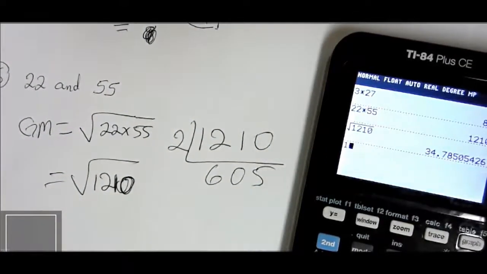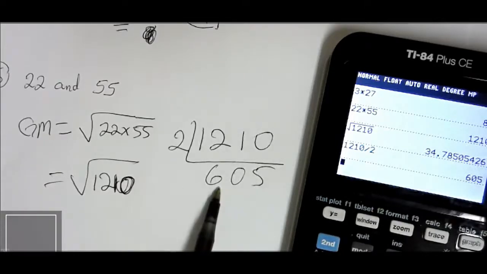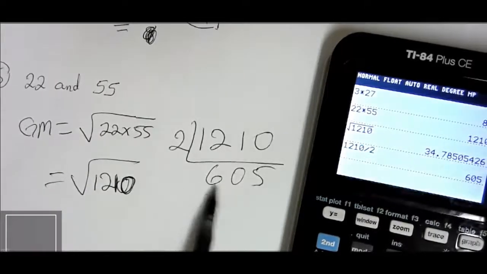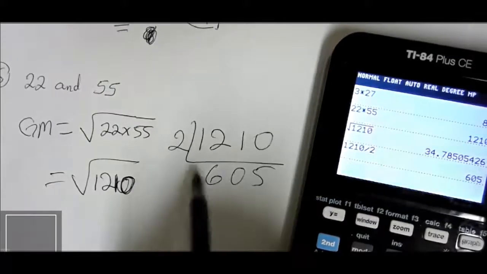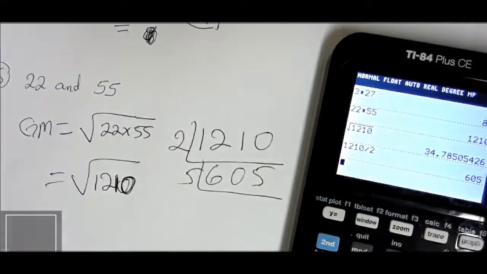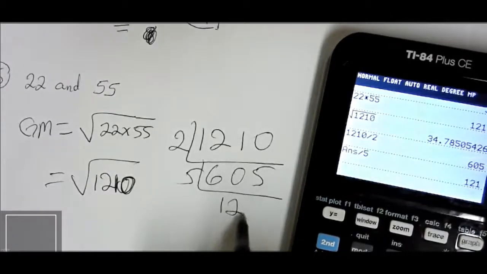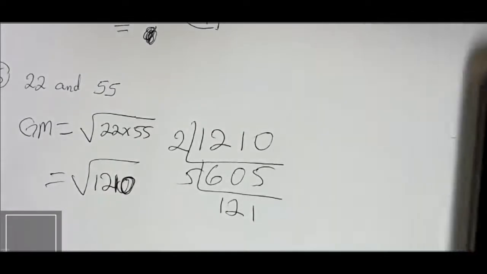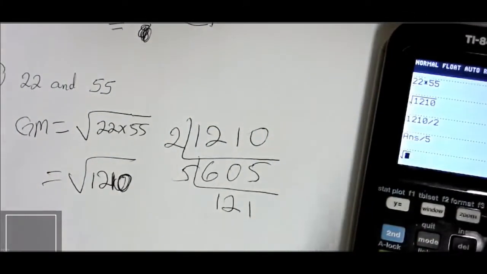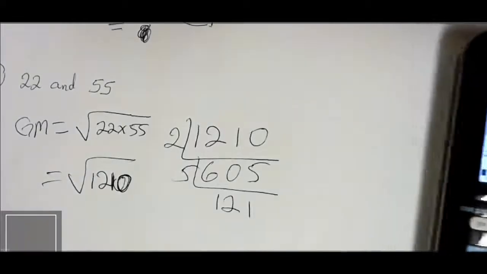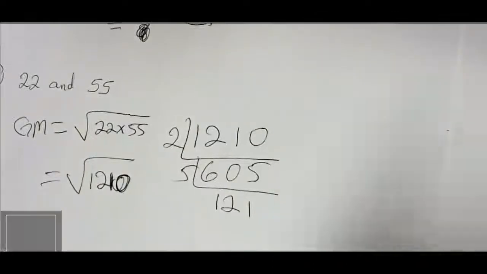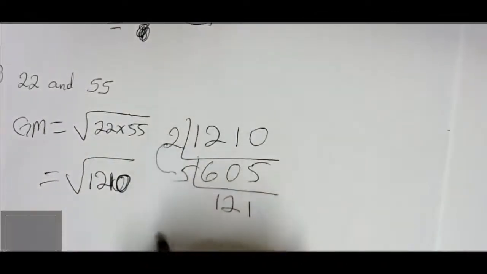Okay, so 1210 divided by 2, we get 605. 2 cannot divide anymore. Can 3 divide 6? No. Then we try 5. So this divided by 5 is 121. Oh, good enough. 121 is a perfect square because 11 times 11 is 121. So we can take these two, multiply them.